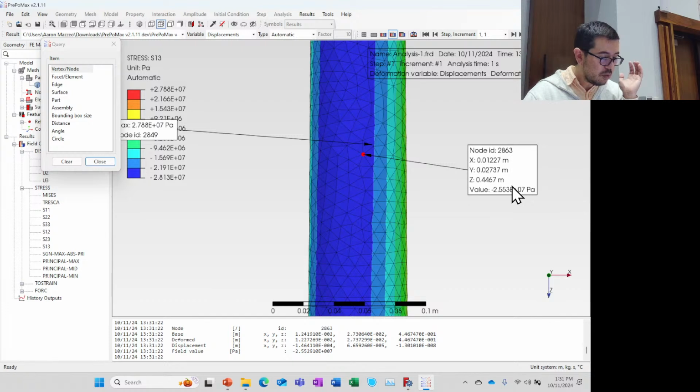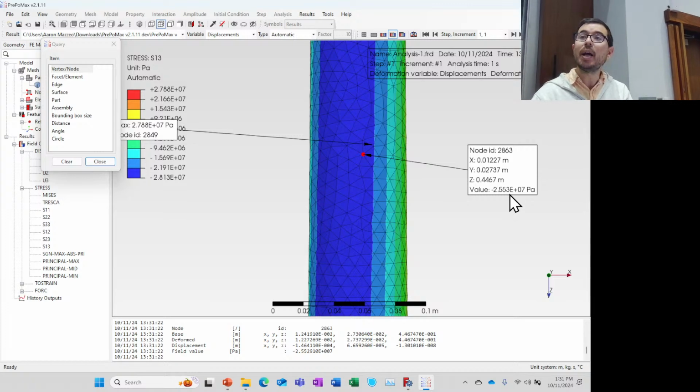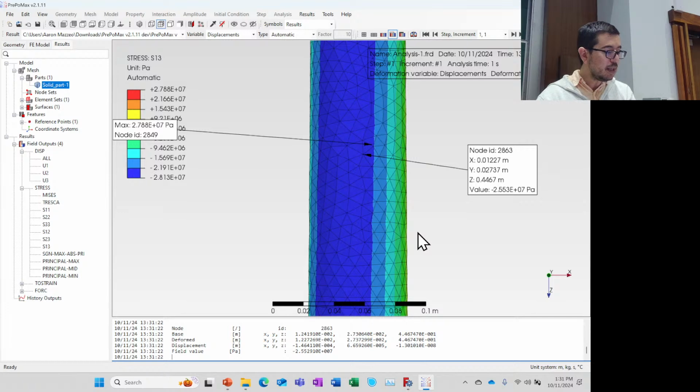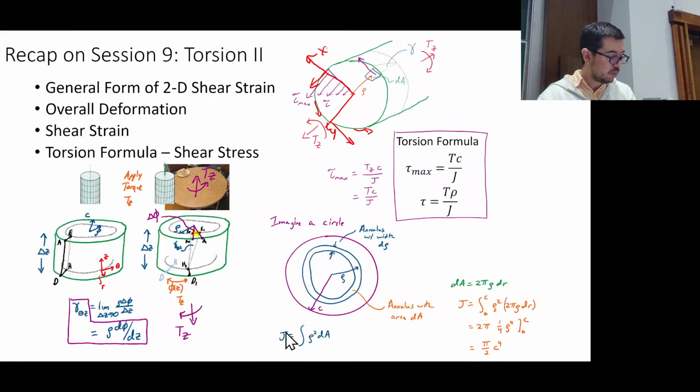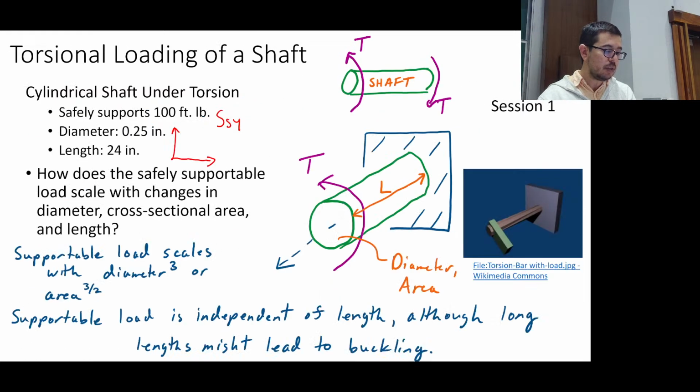What do I get? I get a stress that's like 250 something megapascals. It's negative because it's going the other direction. And if I go back to my slides, you'll see that it was about 257 megapascals is what I calculated.